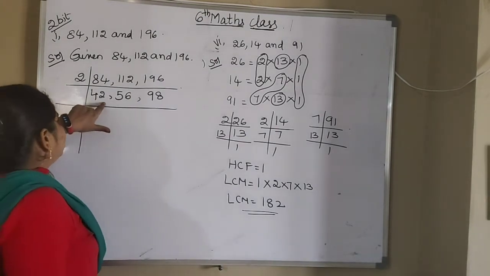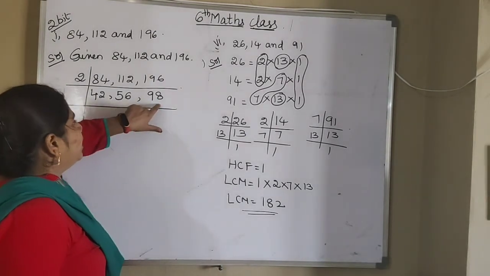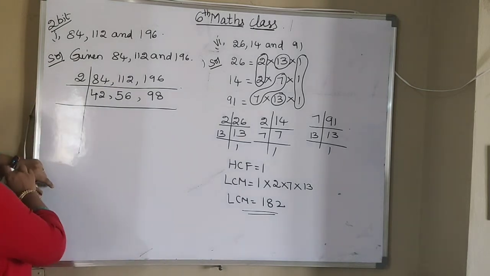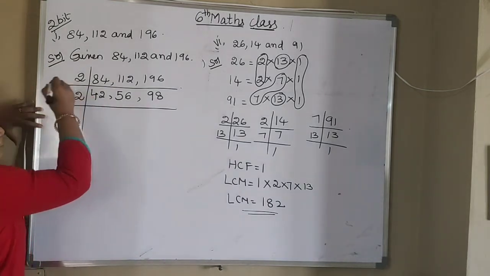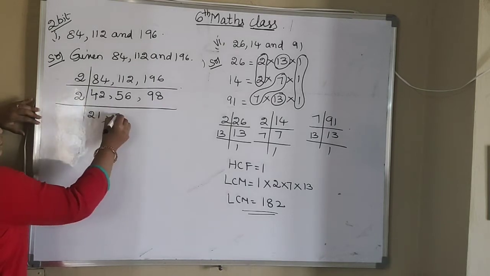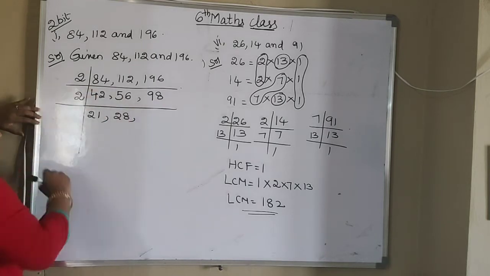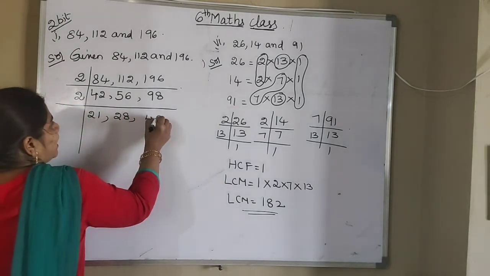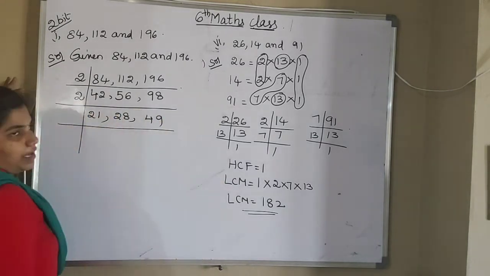Now again 2 is an even number, 6 is an even number, 8 is an even number, so again it will go in the 2 table. So 2 21s are 42, 2 28s are 56, 2 49s are 98.